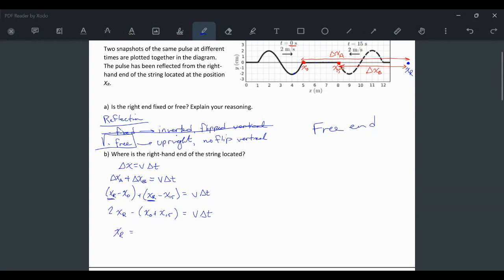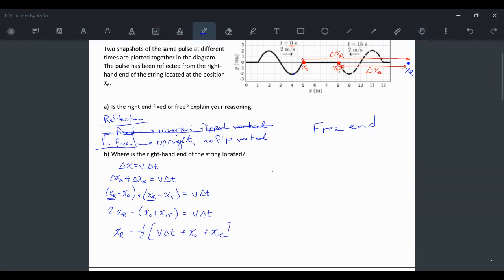And we should arrive at something like XR equals 1/2 (v delta t plus X at time 0 plus X at time 15). That should be our final answer, just using variables, leaving it in symbolic form.